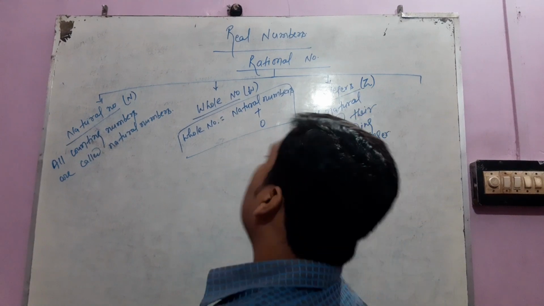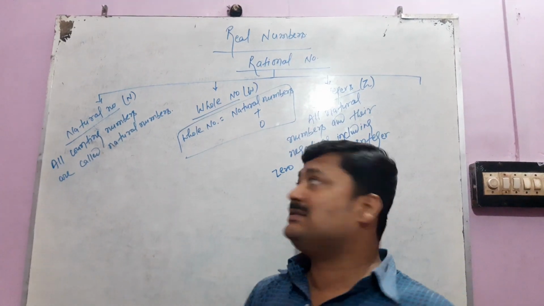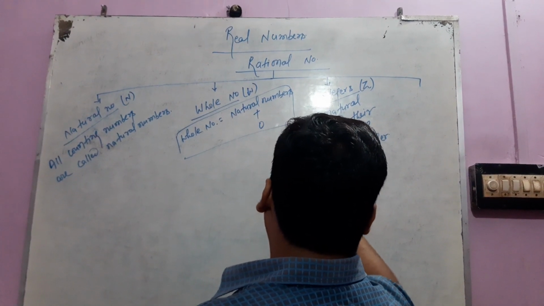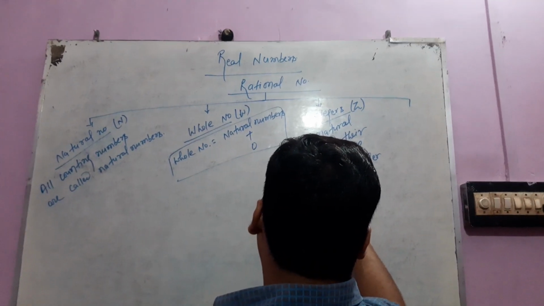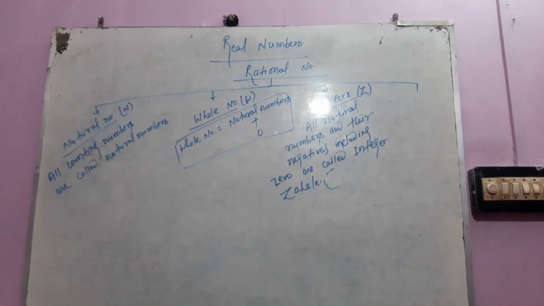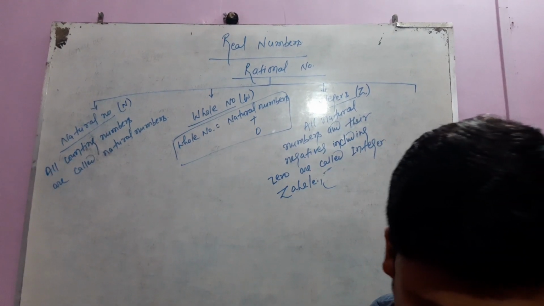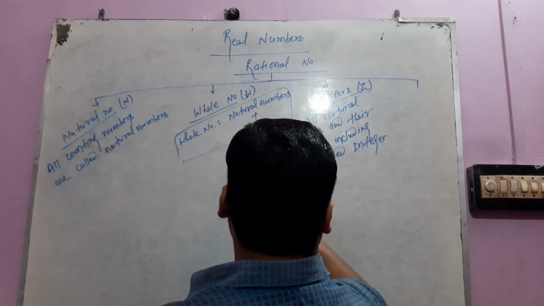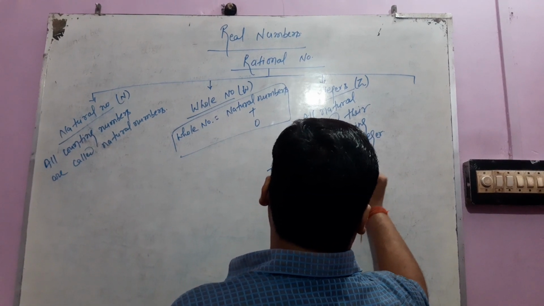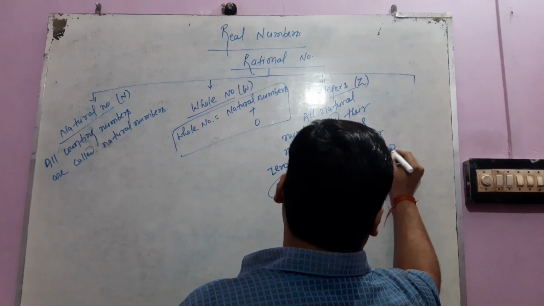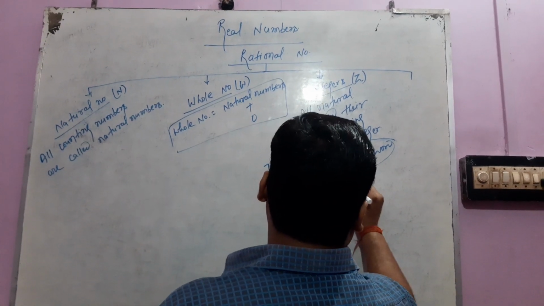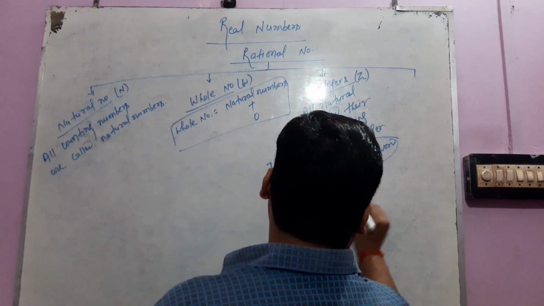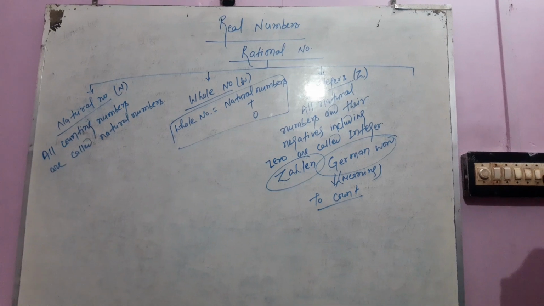Integers are represented by Z, which stands for Zahlen. That is a German word that means to count.